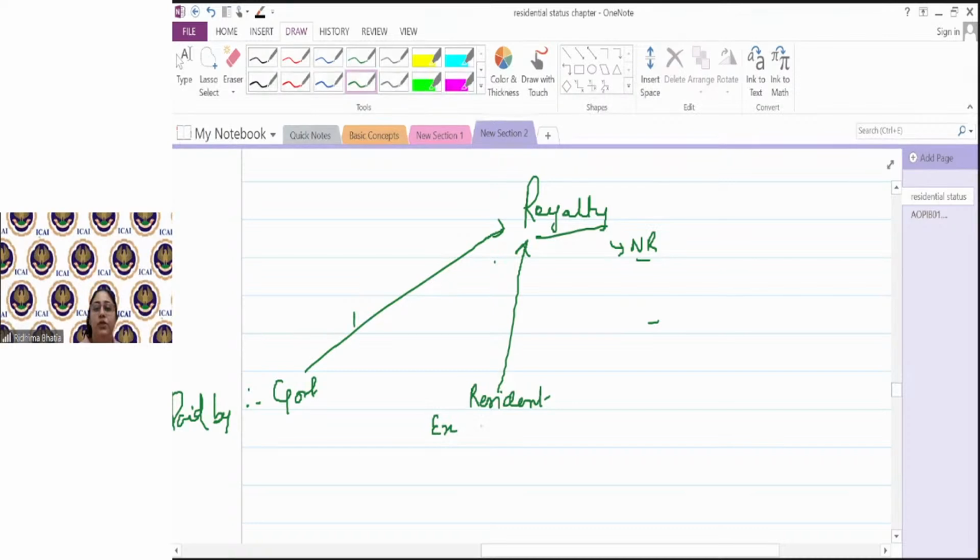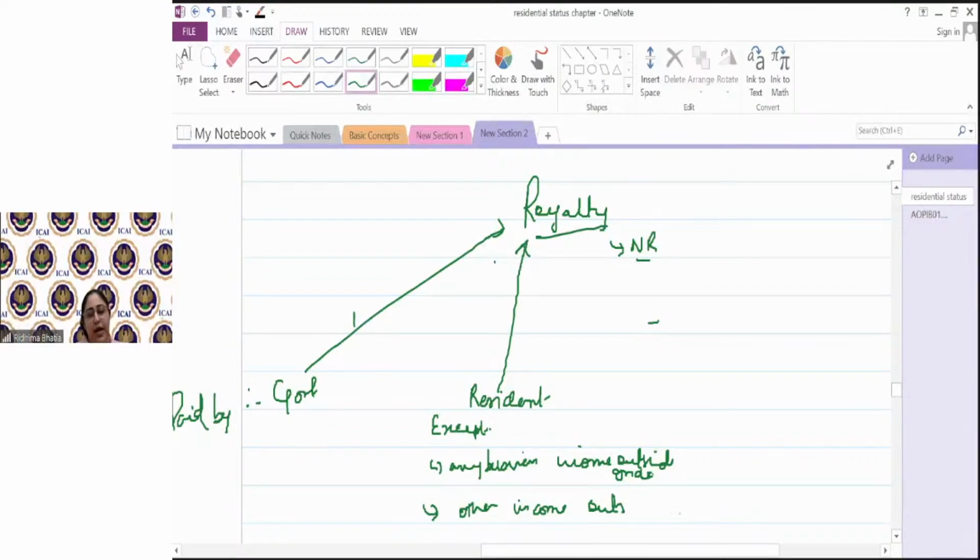Again, except in the situation when the royalty is paid by the resident for whatever the purpose is, and that particular asset or right or use of the royalty is done to generate business income outside India, or any other income outside India, then it would not be taxable.